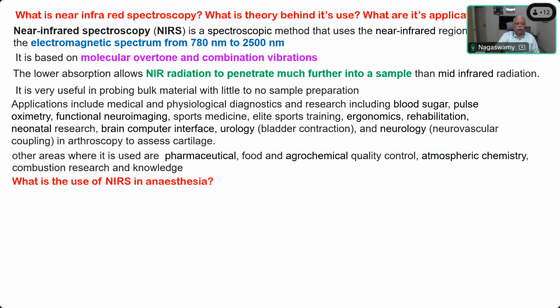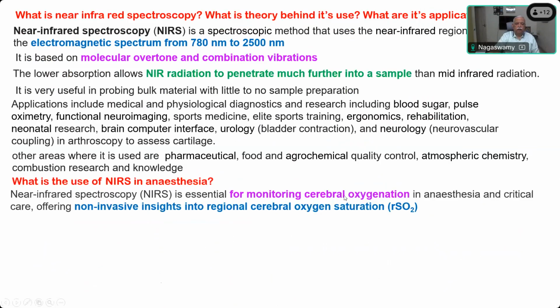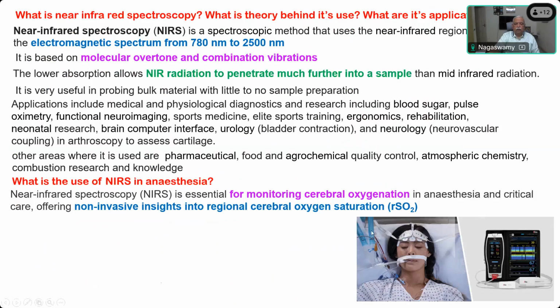What is the use of NIRS in anesthesia? It can be used for monitoring cerebral oxygenation in critical care and anesthesia, as a non-invasive insight into regional cerebral oxygen saturation. So nowadays we have that monitor itself available by Masimo. Just like this monitor, you apply these electrodes on the forehead.